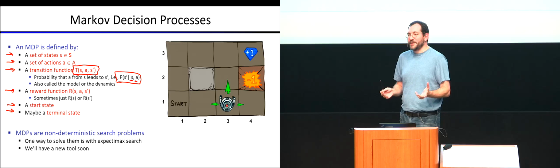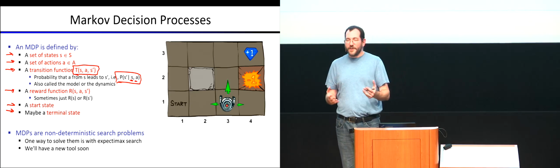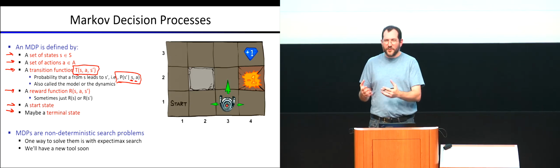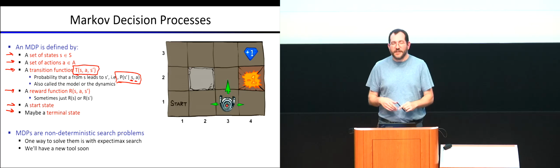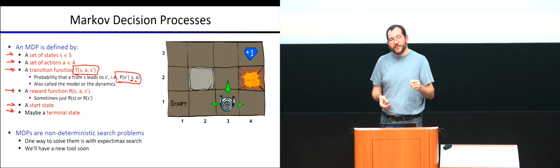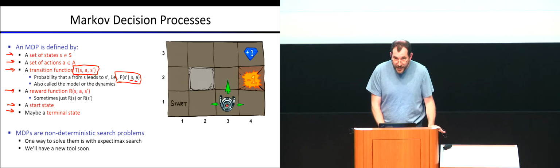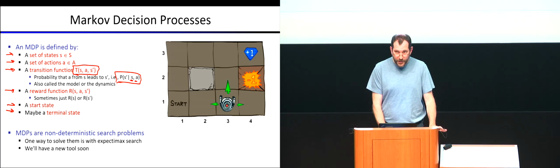It's called Expectimax search. When you learned about Expectimax search, it might have felt like a weird variant of Minimax, where the opponent was rolling dice or something like that. But it's actually the more general algorithm, and here we'll see that it's very tightly related to the algorithms we use to solve MDPs. Okay, so MDPs are like search problems, but instead of knowing what your action will do, you have a distribution over possible outcomes represented by the transition function. Any questions?